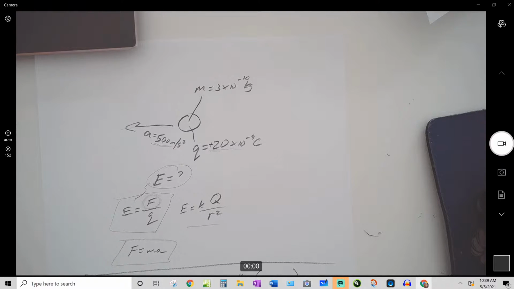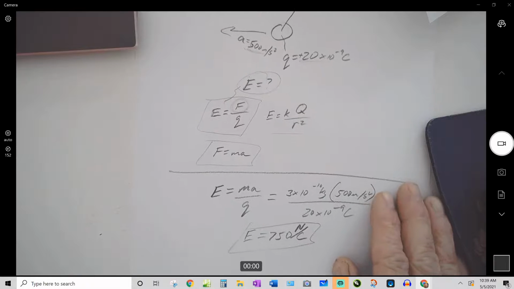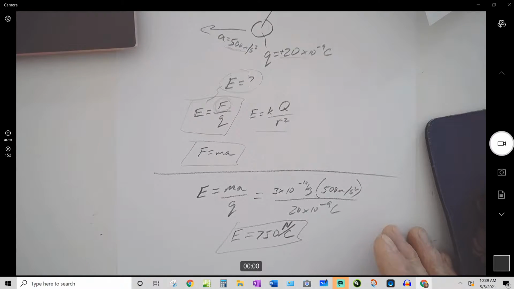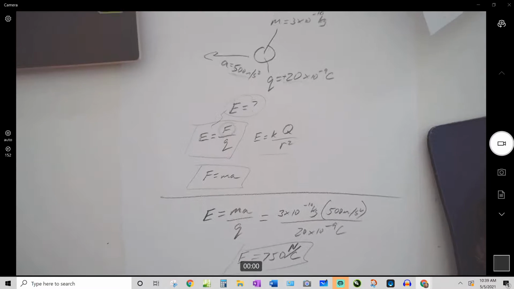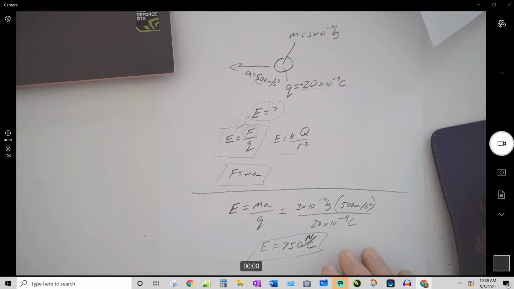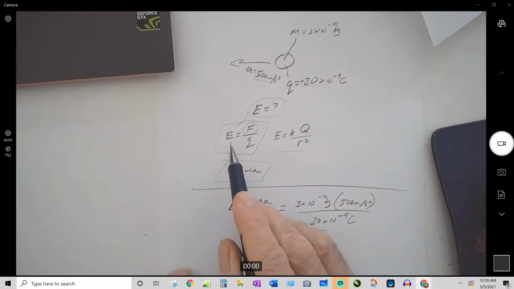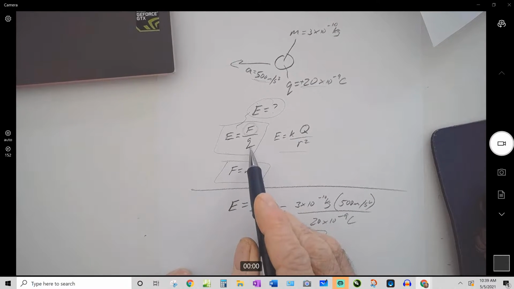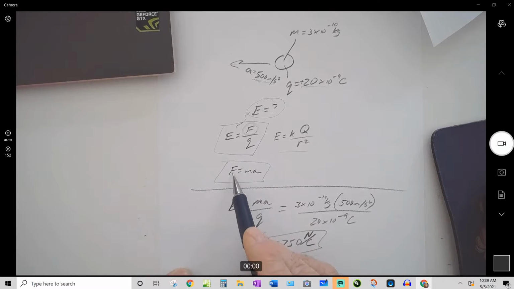All right, so even if you're still working, I'm going to go ahead and reveal what I got. I got 750 newtons per coulomb. So maybe I'm screwing up. Everybody's getting different answers than me. So here's what I did. Tell me where I messed up. The electric field equals force over charge, and force in this case we can find with ma.